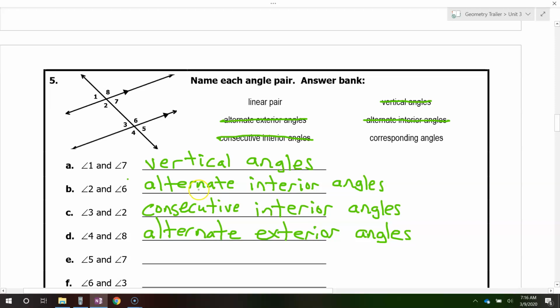Okay, angle 5 and angle 7. Okay, these are corresponding angles. I'm just going to take one extra second to talk about what corresponding angles are.